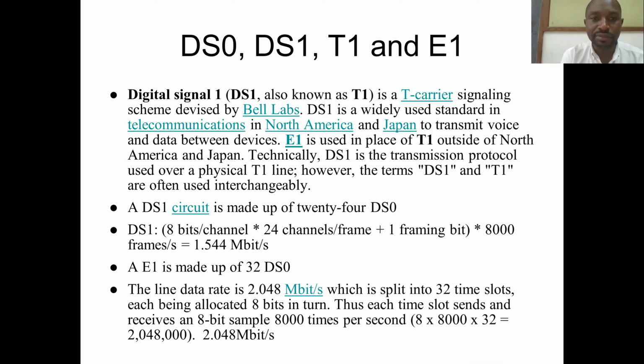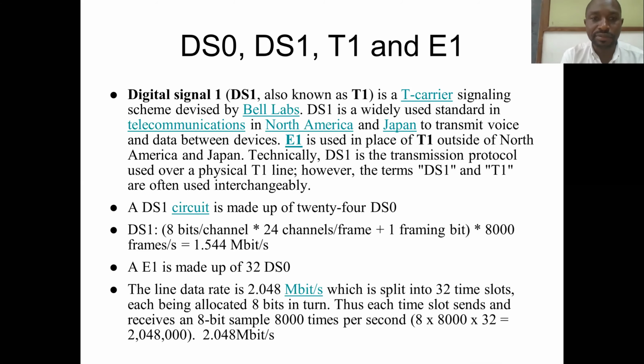And if you take the European equivalent, E1, which is made out of 32 DS0s, the line data rate will therefore be 32 times 64 kilobits, giving you 2.048 megabits per second. So that becomes the data rate for an E1.